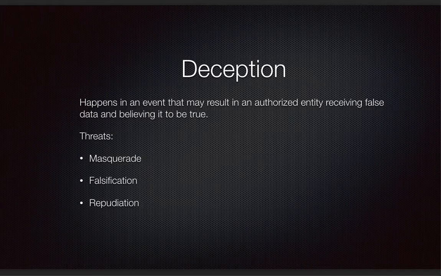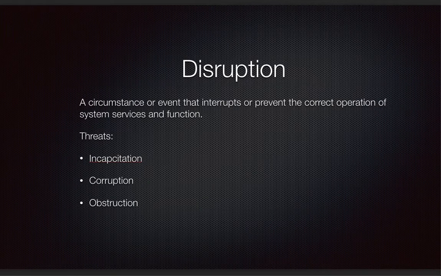Deception is a threat to system integrity and data integrity. Deception happens in an event that may result in an authorized entity receiving false data and believing it is true. There are three types of threats: masquerade, falsification, and repudiation. Thirdly, we're going to look at disruption. Disruption is a threat to availability and system integrity.